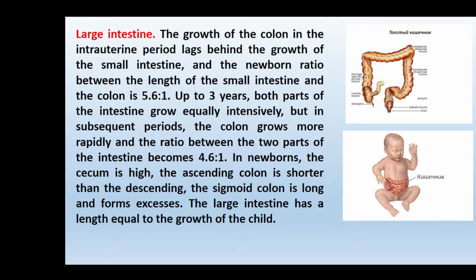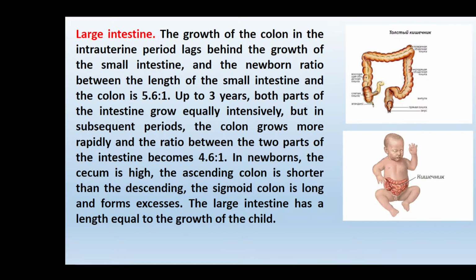Up to 3 years, both parts of the intestines grow equally intensively, but in the subsequent periods the colon grows more rapidly, and the ratio between the two parts of the intestines becomes 4.6 to 1.